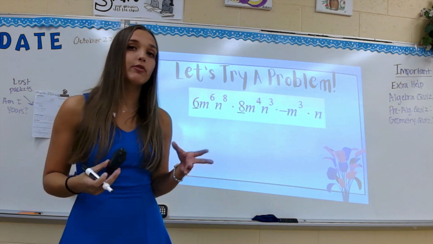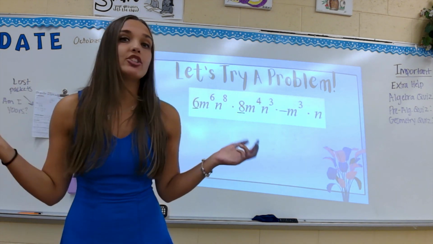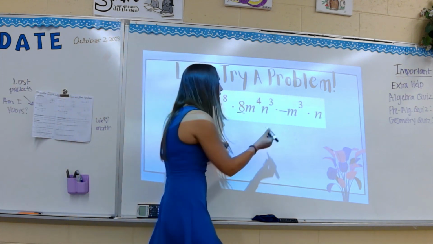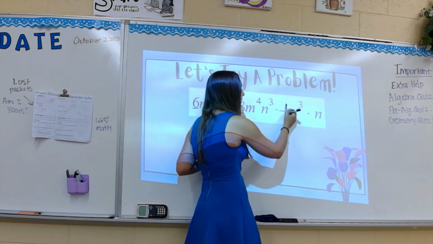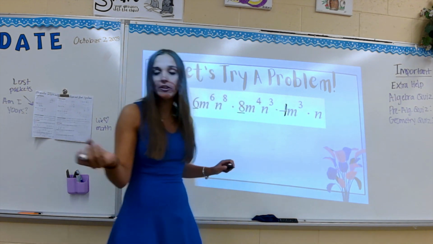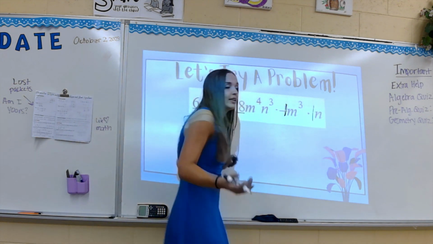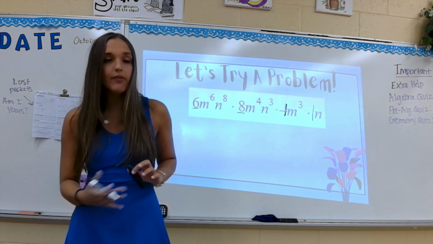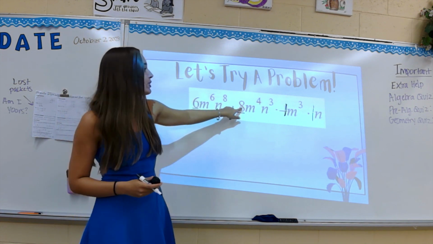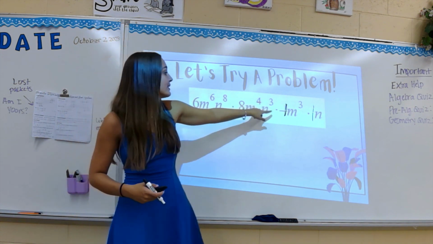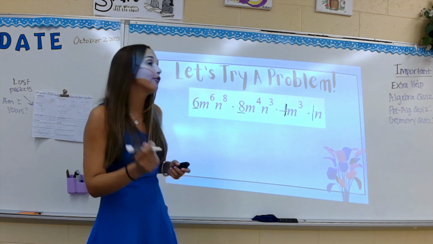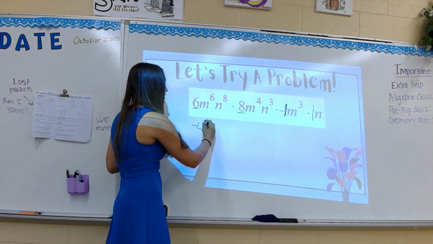Just like we saw before, we have those invisible or imaginary ones here. It has that 1 here. So I would draw that in so I remember this is saying the coefficient is -1. And then times a 1 here, which we know anything times 1 is just going to be itself. So I'm going to do 6 times 8, which is 48. Times this -1 gives me -48 as my coefficient.